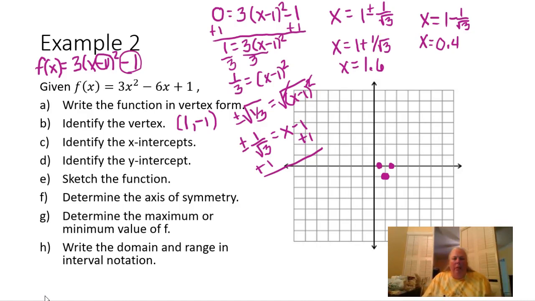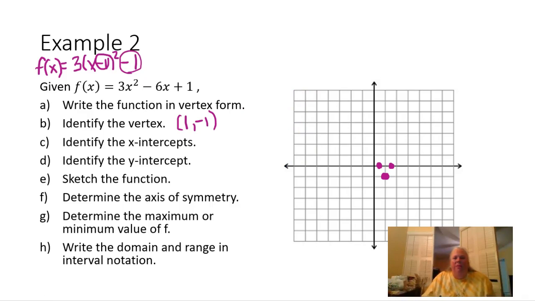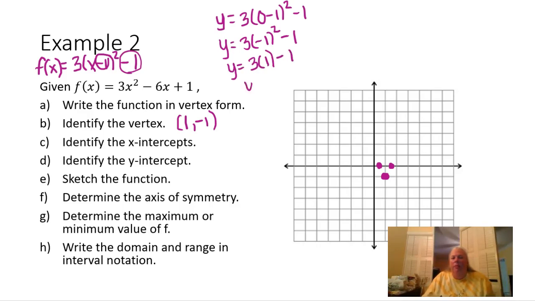All right, part D. Now we want to find the y-intercept. The y-intercept we can find by substituting in 0 for x. We have y is equal to 3 times 0 minus 1 squared minus 1. 0 minus 1 is just -1, so we have 3 times -1 squared minus 1. -1 squared is +1, so we have y equal to 3 times +1 minus 1.